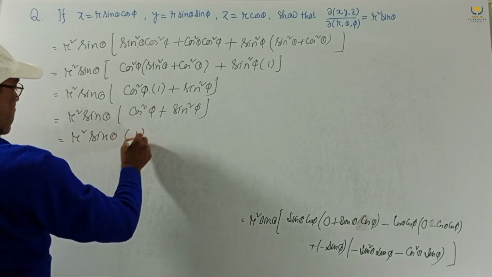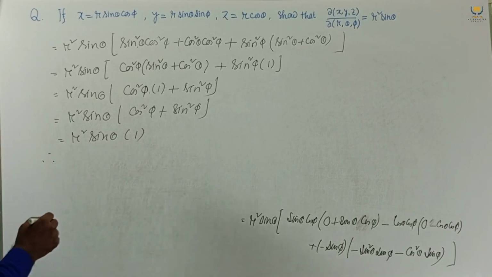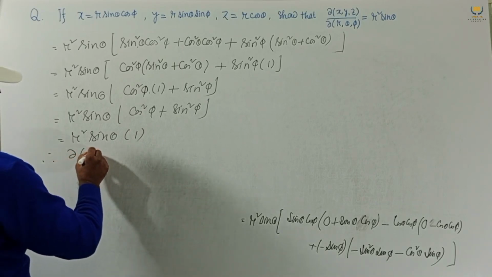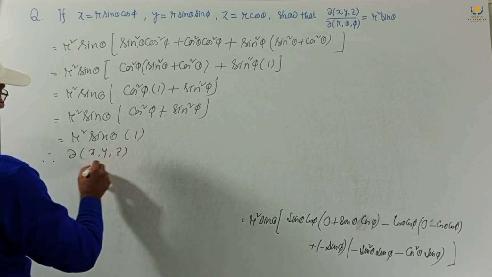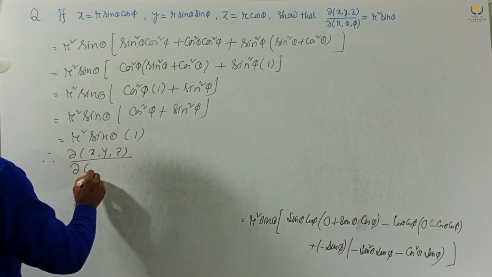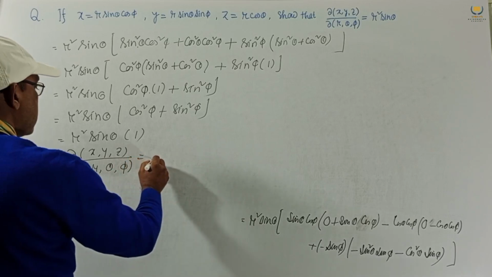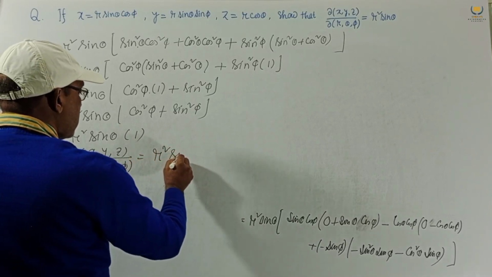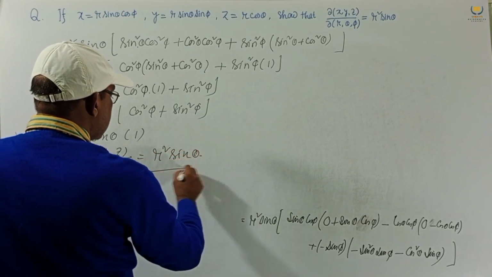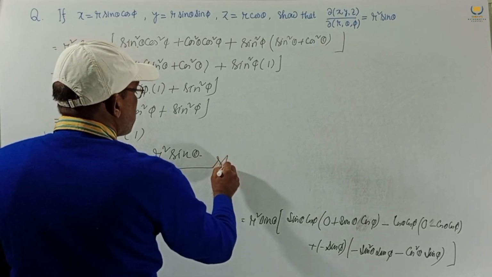This is 1. Therefore, what we get? Del x y z by del r theta phi is r square sin theta. This is our proof.